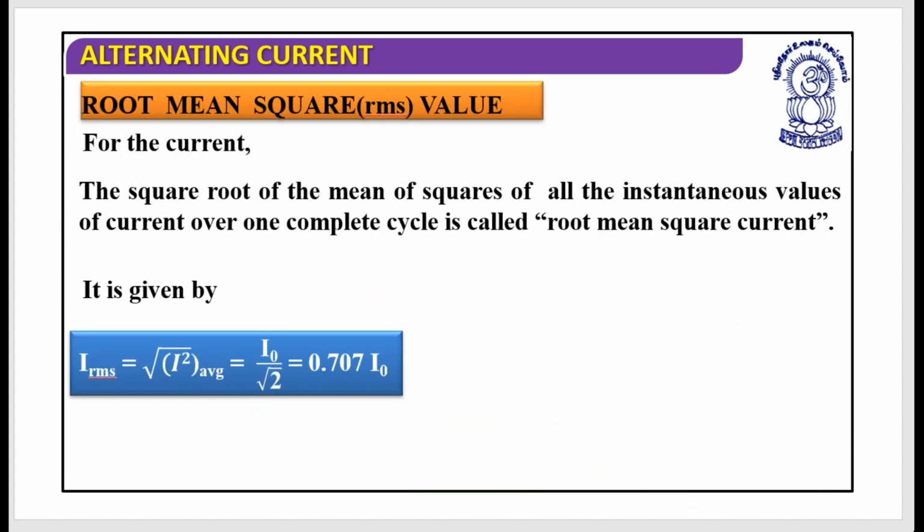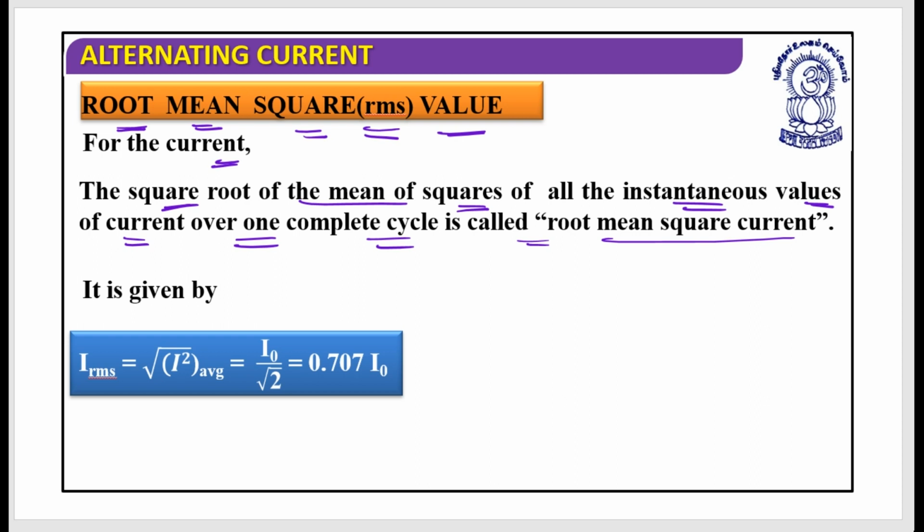It's the root mean square value. Root mean square, we call it the RMS value. So for the current, the square root of the mean value of squares, the square root of the mean of squares of all the instantaneous values of current over 1 complete cycle, is called the root mean square current.